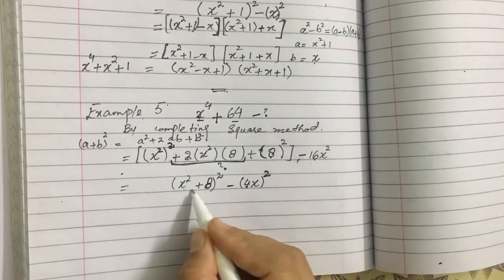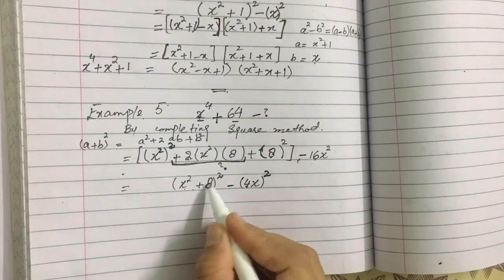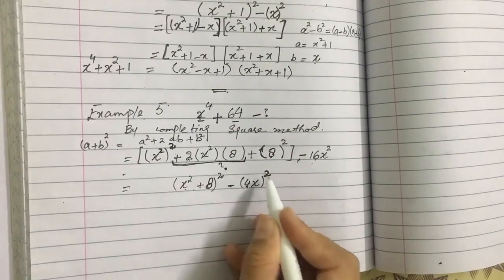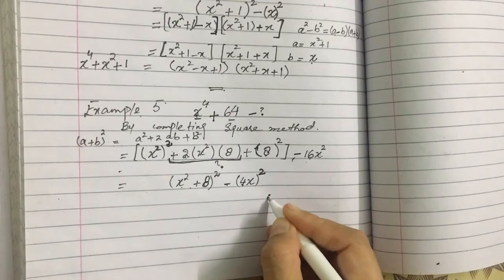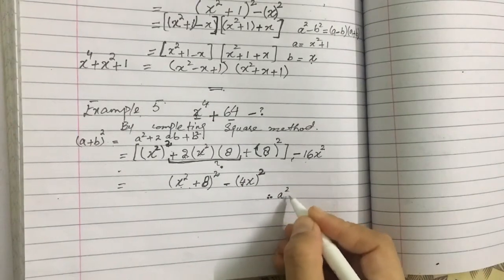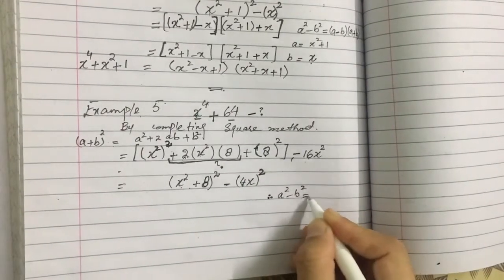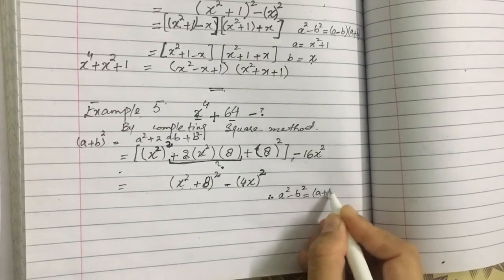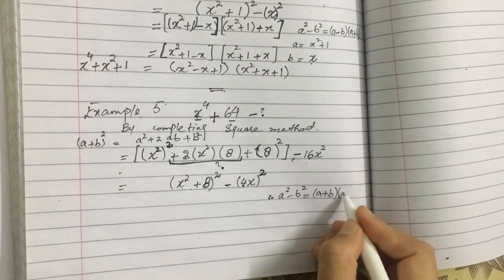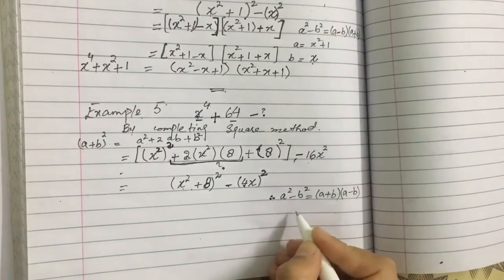Now this is the square of the first term minus the square of the second term. It reminds us of another formula, that is a square minus b square, which when expanded is factorized as a minus b and a plus b.